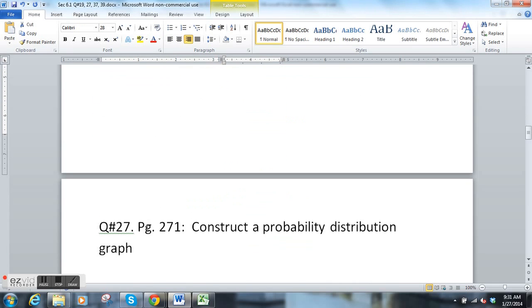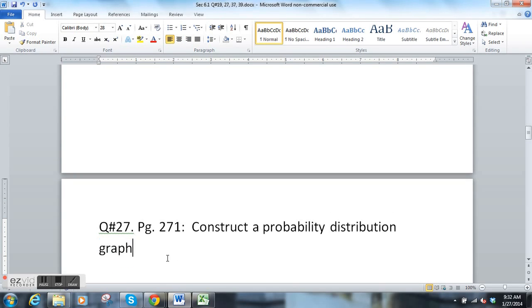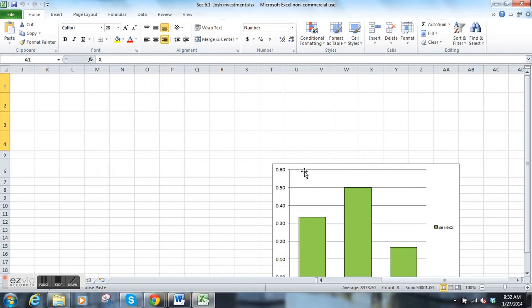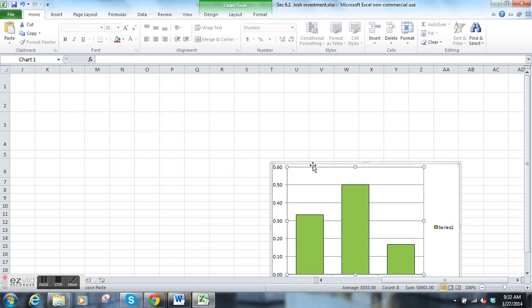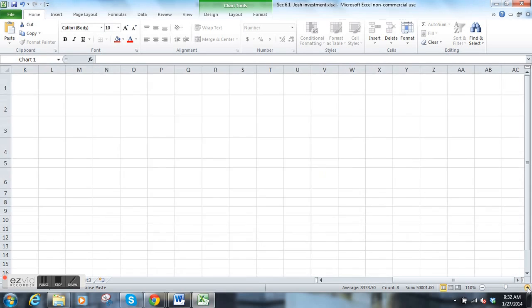Okay, next question. Question number 27, construct a probability distribution graph. Now we want a graph, not a table. In this case, a graph is just a histogram that shows the probabilities. Here is my histogram.